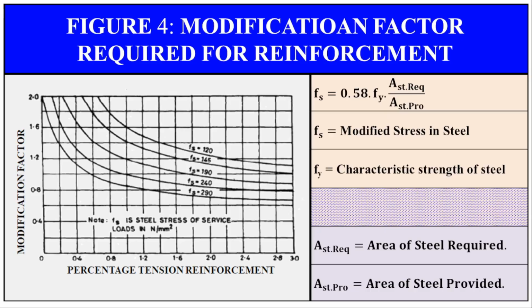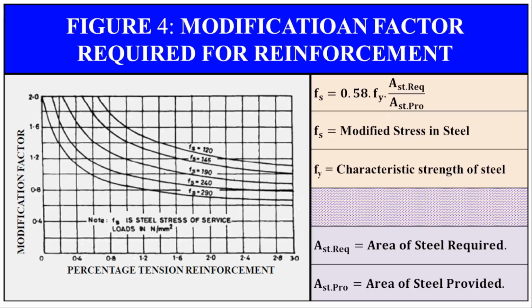This modification factor is implicitly linked to the 0.58 multiplier in the Fs equation we discussed earlier. It helps adjust the allowable stress in the steel to ensure that serviceability requirements, such as limiting crack widths and deflections, are satisfied.